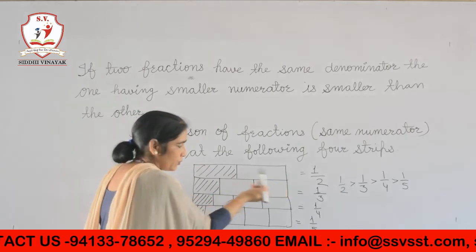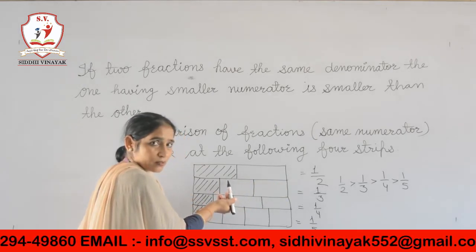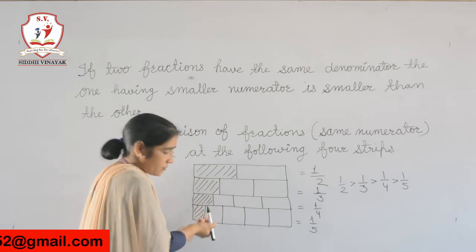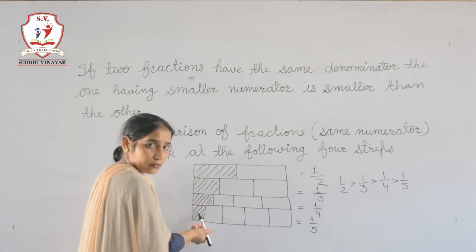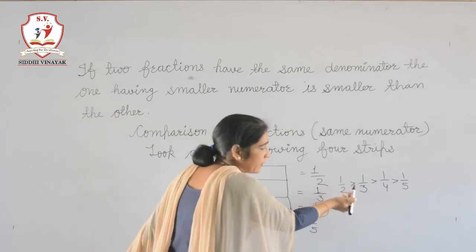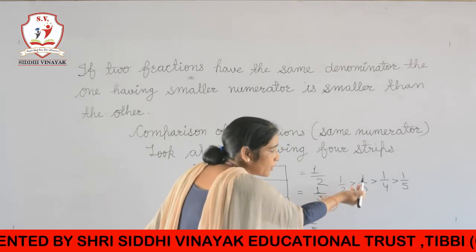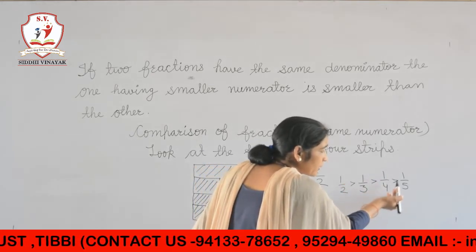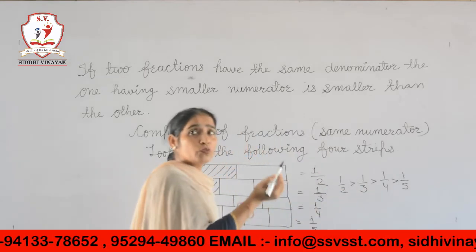One upon 2 shaded part is more, the others less, and so 1 upon 2 is greater than 1 upon 3. 1 upon 3 is greater than 1 upon 4. 1 upon 4 is greater than 1 upon 5.